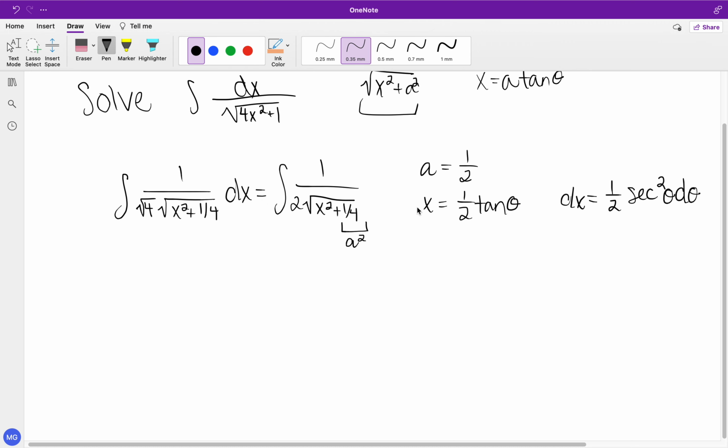Now if we plug in x and the dx into the integral, we will get the integral of 1/2 secant squared theta d theta over 2 times the square root of 1/4 tangent squared theta plus 1/4.